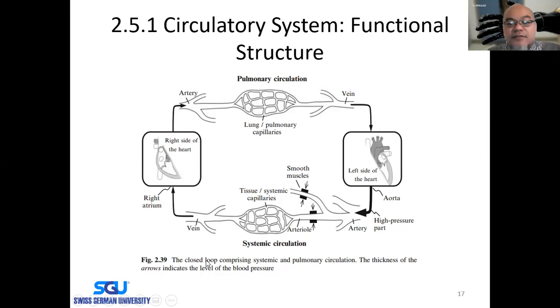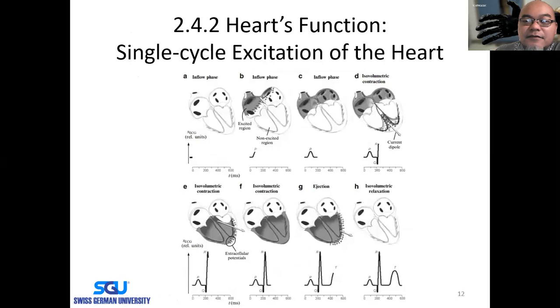The thickness of the arrows here indicates the level of the blood pressure. So you see here that the highest blood pressure occurs from the left side of the heart, pumping the strongest to the rest of the body. That is why, if we look again at the ECG signal, the heart dipole is inclined like this.